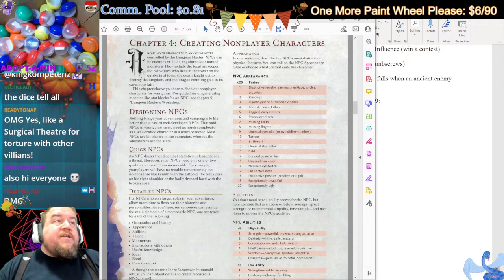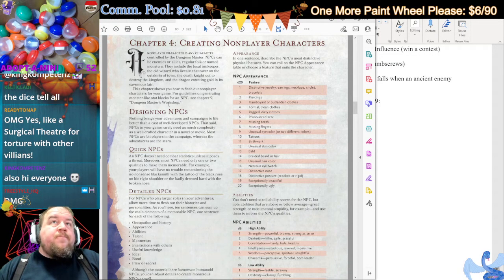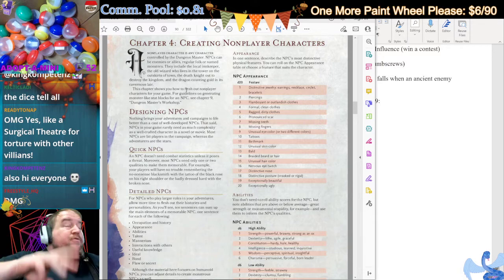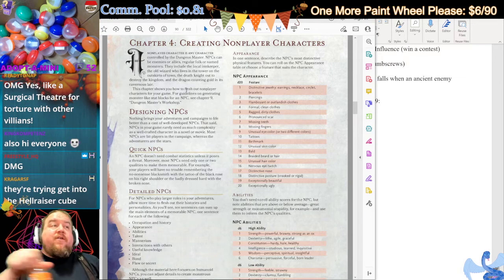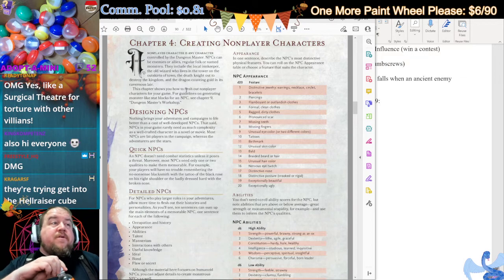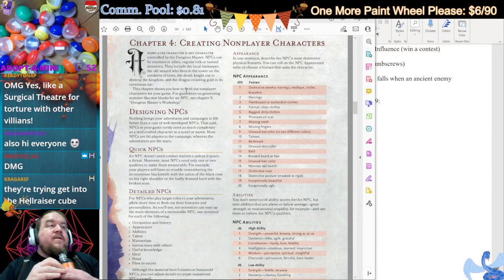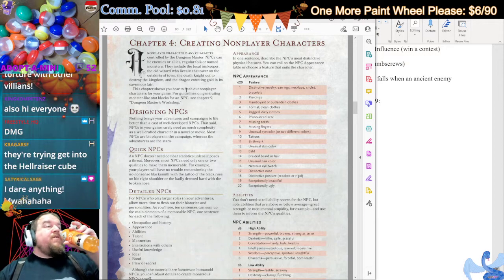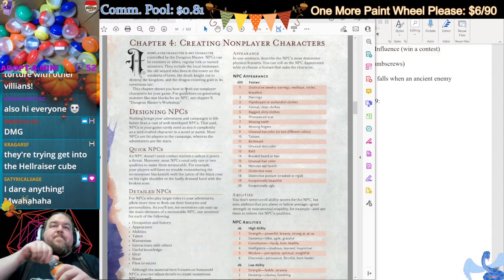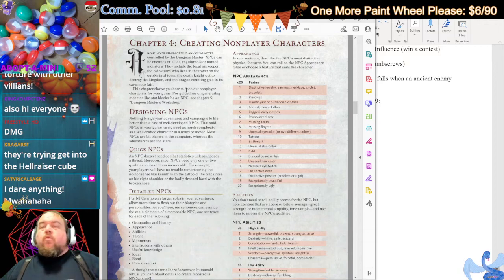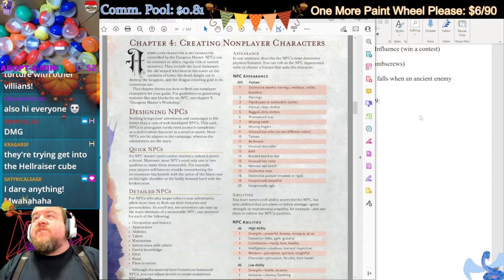We are using the Dungeon Master's Guide, King. Plain old Core 3 rulebook DMG that you can get at your friendly local game store. Stops on a 5 for satirical. Ragged, dirty clothes.